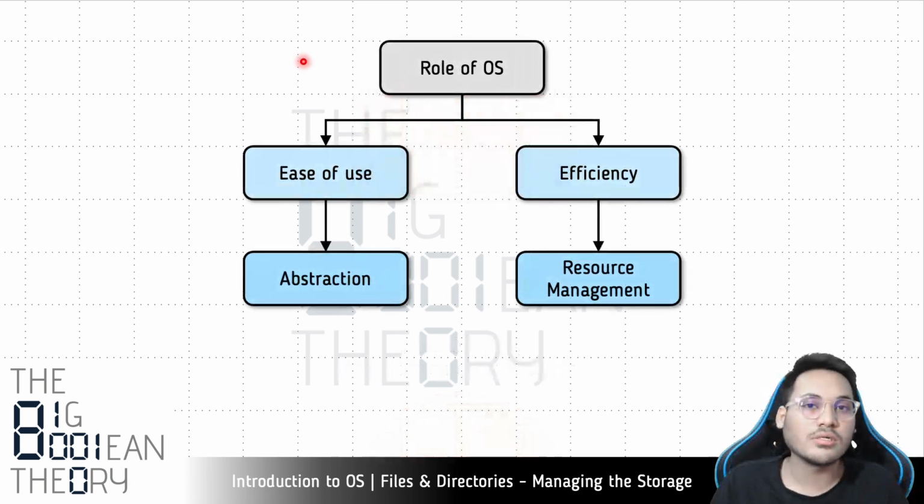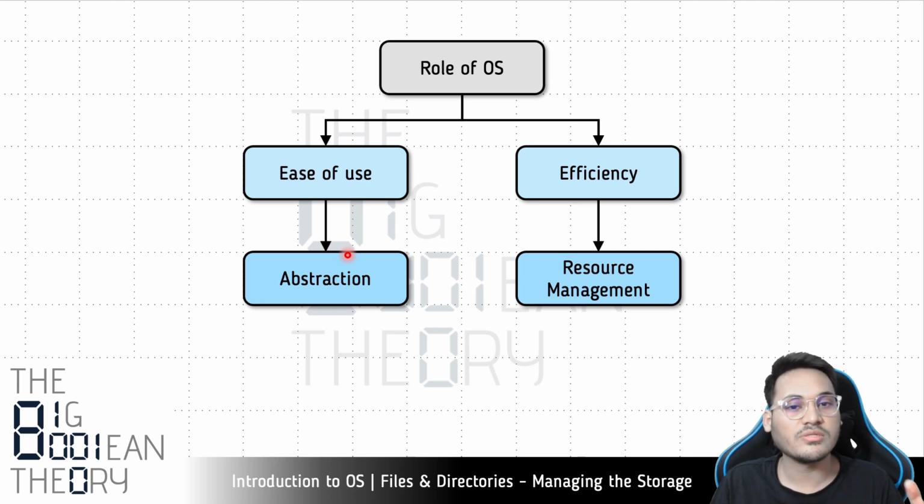So now let us talk about how the operating system manages the storage devices. We are going to look at the fundamental responsibilities that the operating system has in the context of each piece of hardware device. The first one is to make sure that the hardware is easy to use, and the operating system ensures that by providing an abstraction, which is a virtual resource that it builds on top of the actual physical resource.